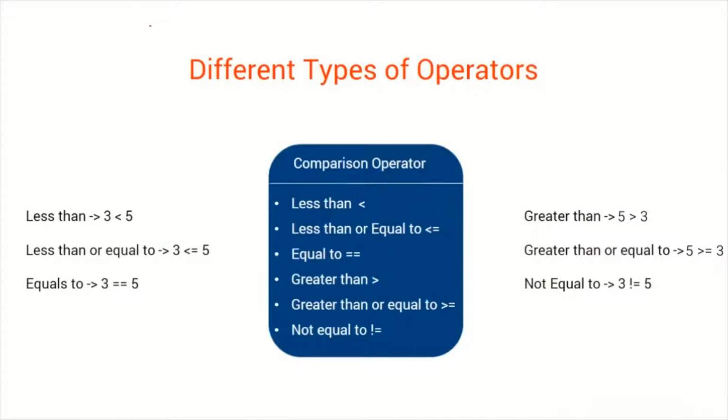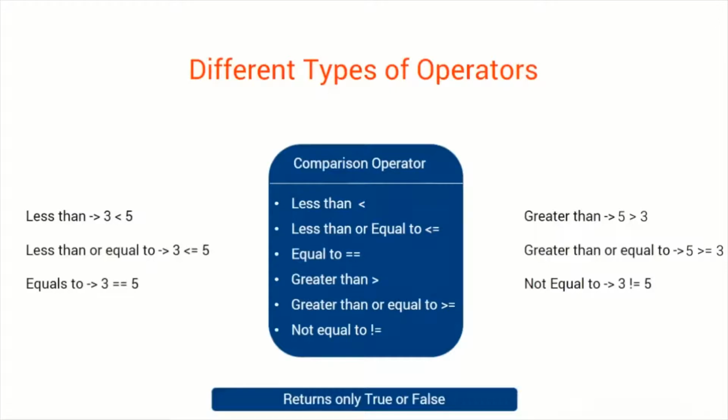So for example, we can compare 3 and 5 and see whether 3 is less than 5. The thing to note about comparison operators is, they always return a true or false value. So for example, when we check 3 is less than 5, it will return true, and if we check whether 3 is greater than 5, it will return false. So this was all about comparison operators.